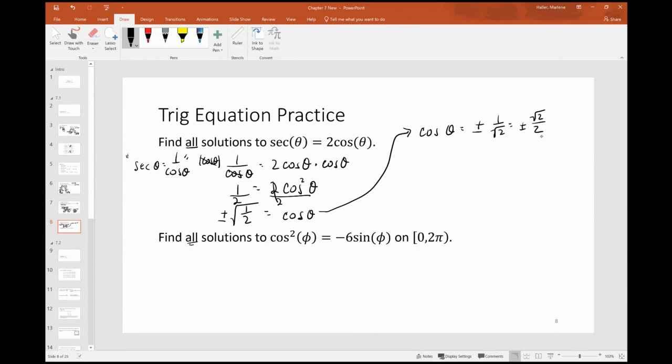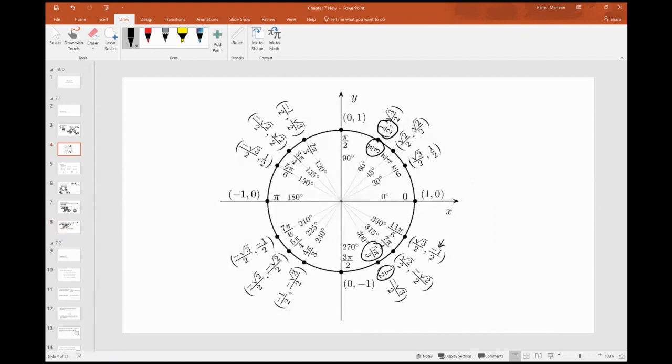Multiply both sides by square root 2 over 2. So there are my solutions, either positive or negative square root 2 over 2 for the cosine of theta. Again, I could do inverse cosine with my calculator and get a decimal approximation, but I remember that this is on the unit circle, so it's probably better to choose an exact answer.